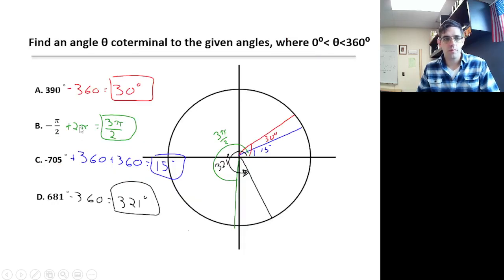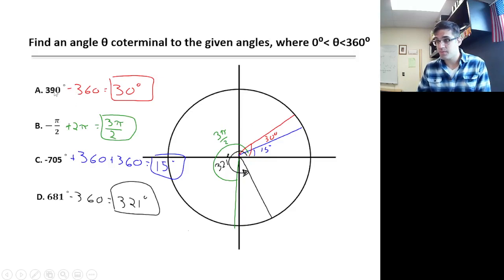Alright, so the same problems, but instead I ask this question: if these are angles, what angle theta would be coterminal to these angles, where theta is some number between 0 and 360? So for 390, if I undo a full rotation, I'm basically just subtracting 360 degrees.